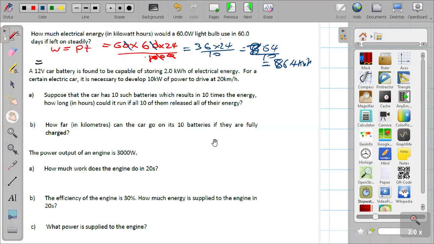So it says to drive at 20 kilometers per hour. Power equals force multiplied by velocity.